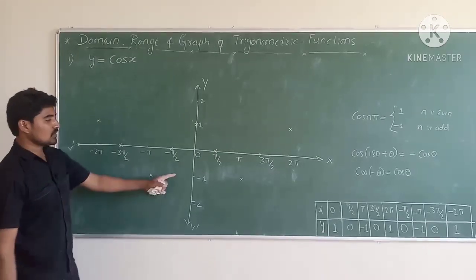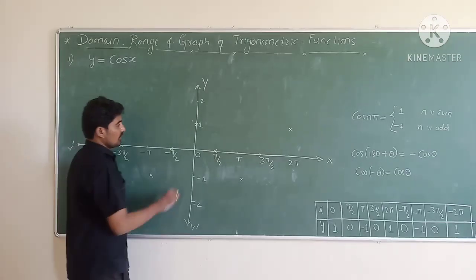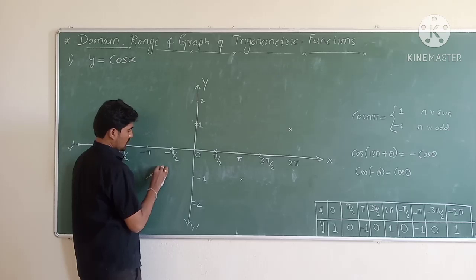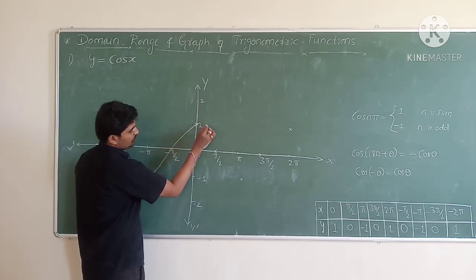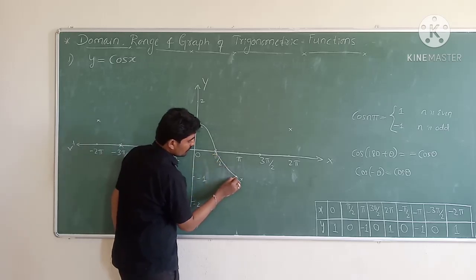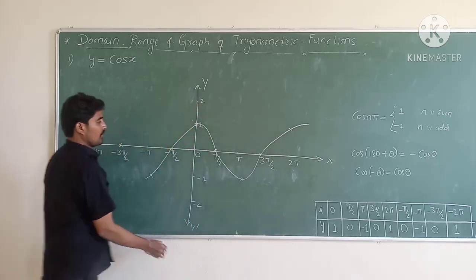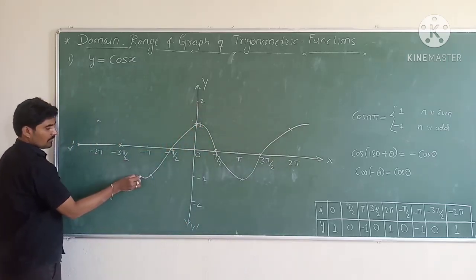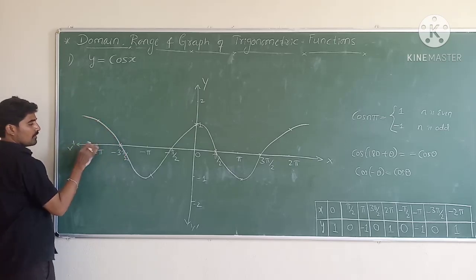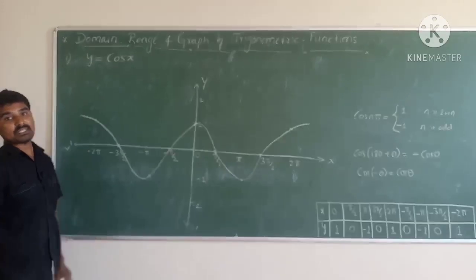Now join these points, and this is the required graph of the function y equals cos x.